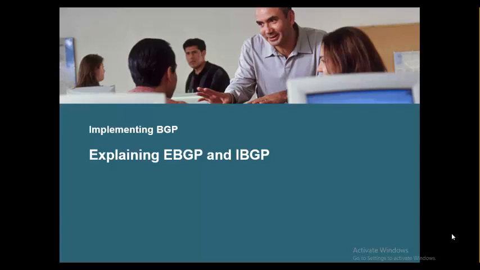Why? Between the borders, we are strict. Within the autonomous system, we are not strict because it's our own autonomous system. So the protocol is one, but they're not behaving the same way. They have a strict relationship with an eBGP neighbor and a liberal relationship with an iBGP neighbor.